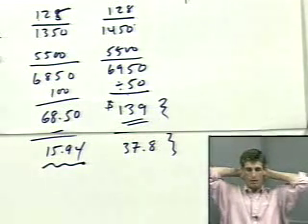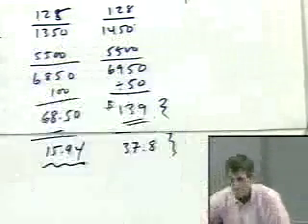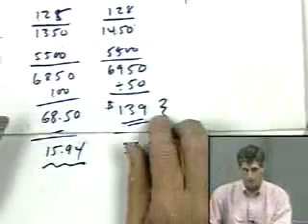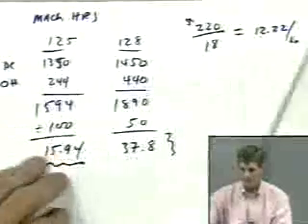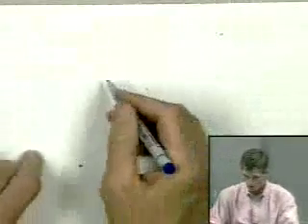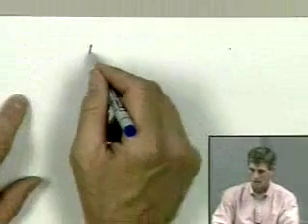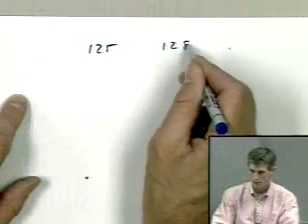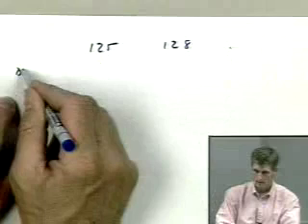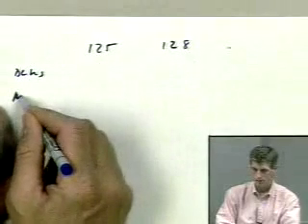Okay. So back to the example just for a second. We have two different cost estimates, and I'll keep track of these two estimates on this page. So we have 125 and 128. We have direct labor hours. We have machine hours.